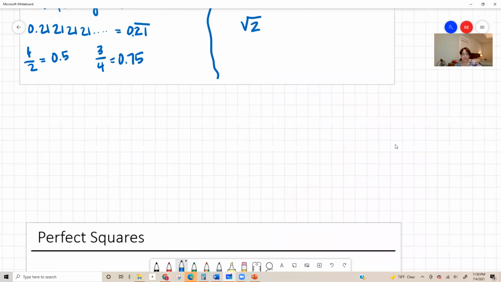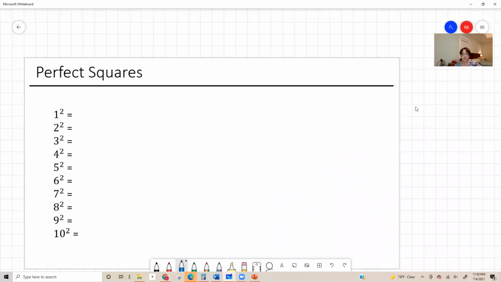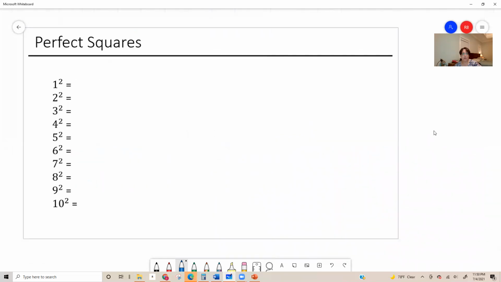All right, now the next thing is we're going to have to talk about perfect squares. You kind of need to know a few of the perfect squares. This is just a list. 1 squared is 1, so the square root of 1 is equal to 1. 2 squared is 4, so the square root of 4 is 2. 3 squared is 9.